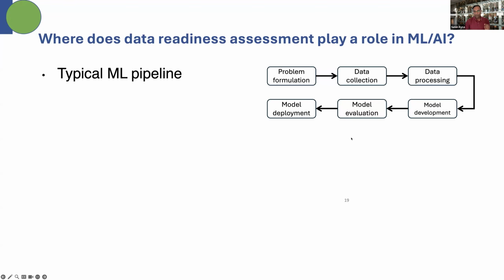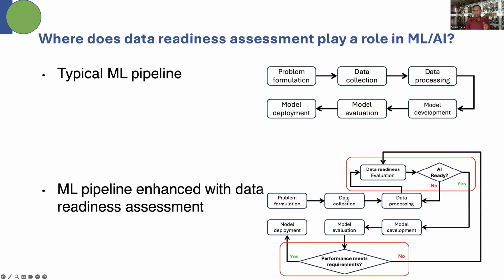But what we want to do is come up with a standardized approach for data readiness evaluation, and have those evaluations done before the model is developed, and spend time on model development, which is one of the costliest processes, only when the data is somewhat ready.